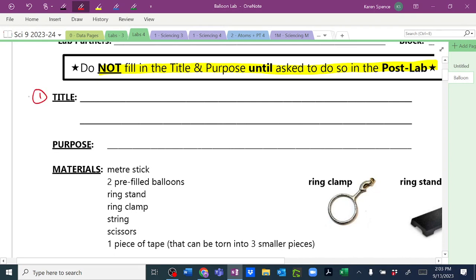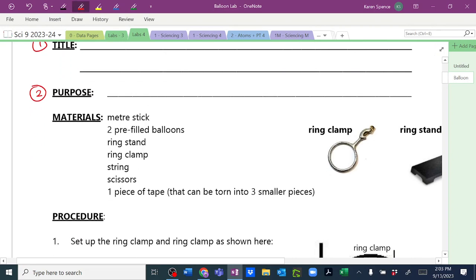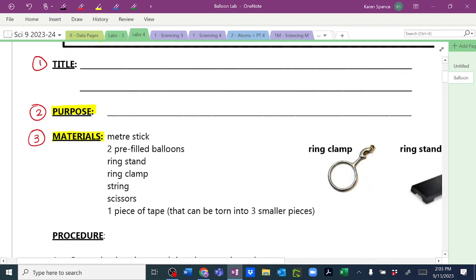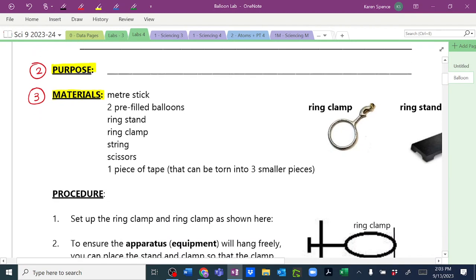What do we do after the title? What comes next? The purpose. What comes after the purpose? Materials. And you'll notice that all of these are underlined, bold, and capitalized. So those are like headings. If you were writing your own lab, you would write these headings: your title, your purpose, your materials. What would come next?